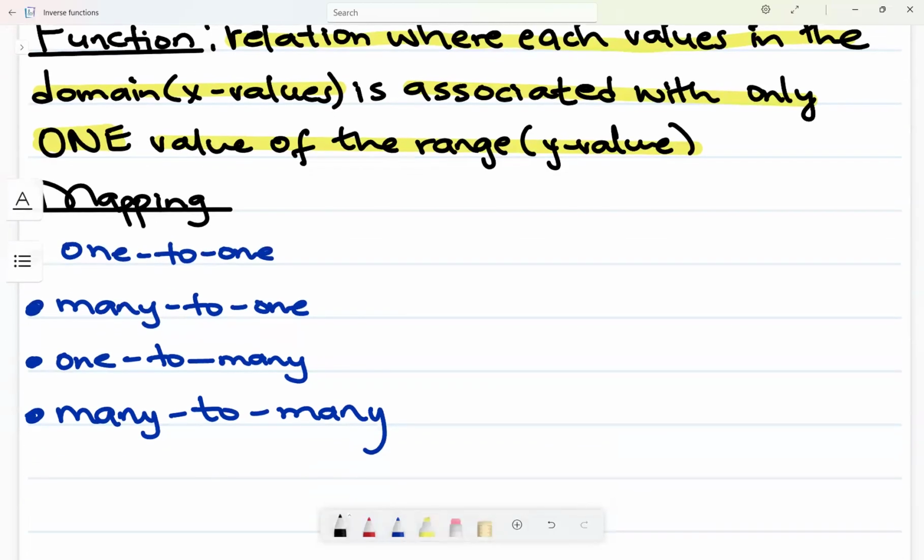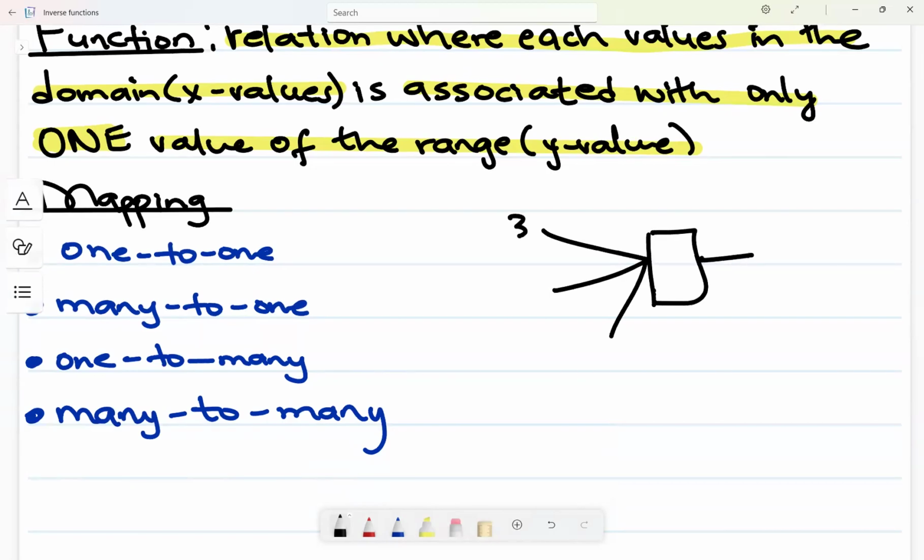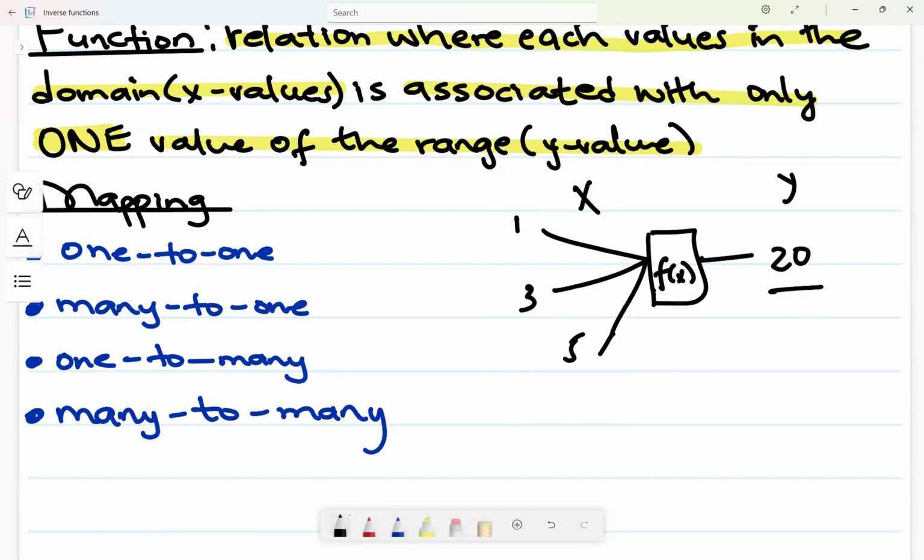It means that when I have a graph, let's say this is a graph f of x, whatever values of x I insert into my function, remember these are x, these are y, they give me a specific value of y, and it only produces one value of y, okay.